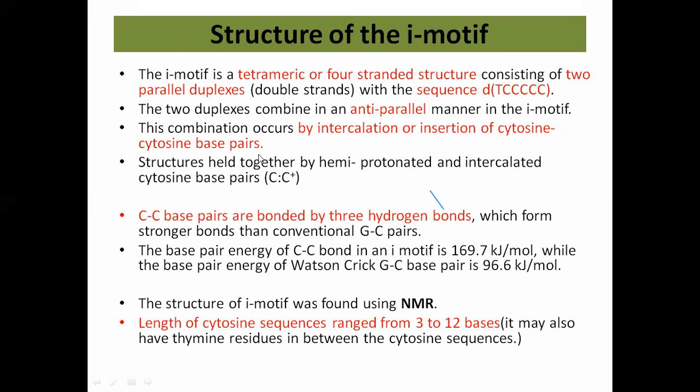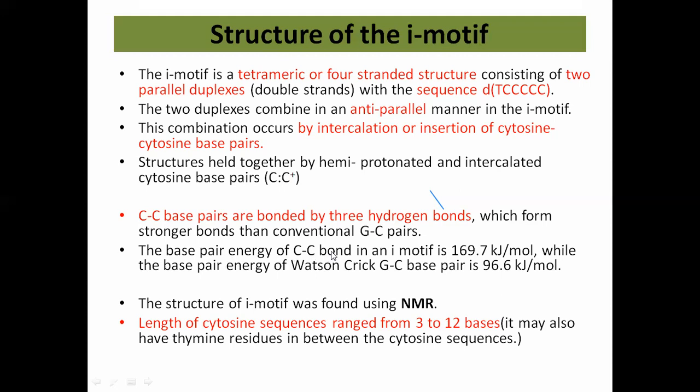Cytosine-cytosine base pairs are bonded by three hydrogen bonds and form stronger bonds than conventional GC pairs. So the bond formed between cytosine-cytosine is stronger than the bond formed between cytosine and guanine.